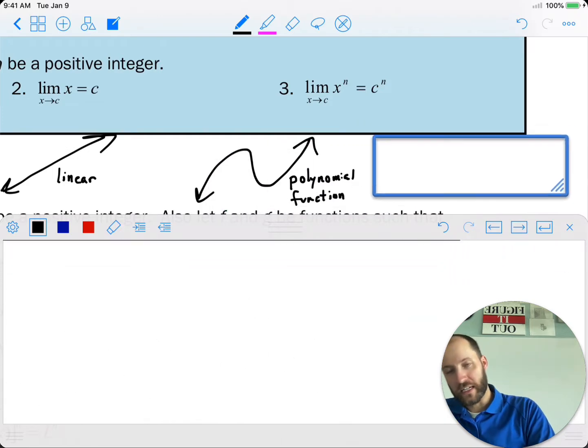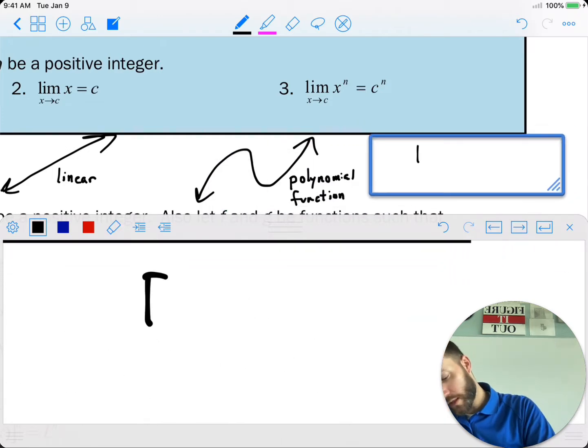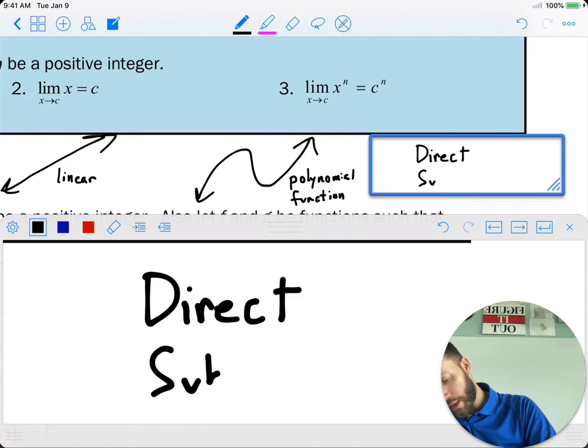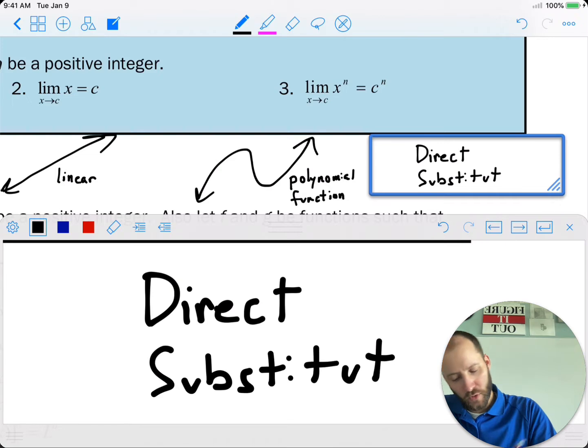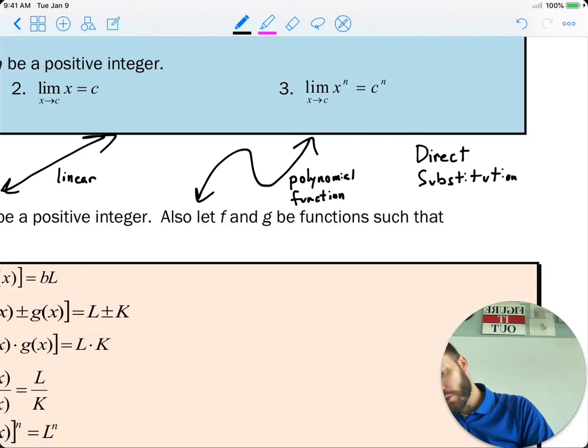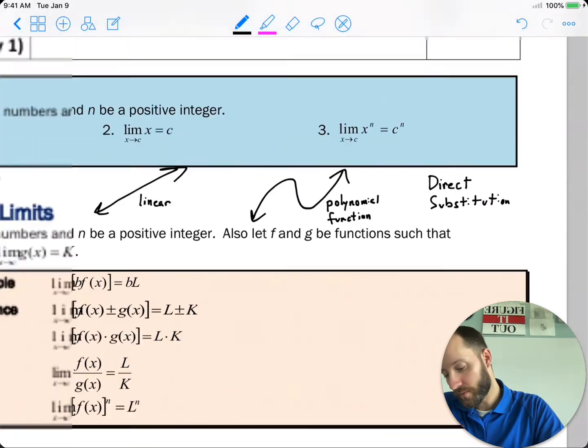Now all of these use what we call direct substitution. These are all well-behaved functions. They kind of do what they're supposed to do, what you expect them to do.